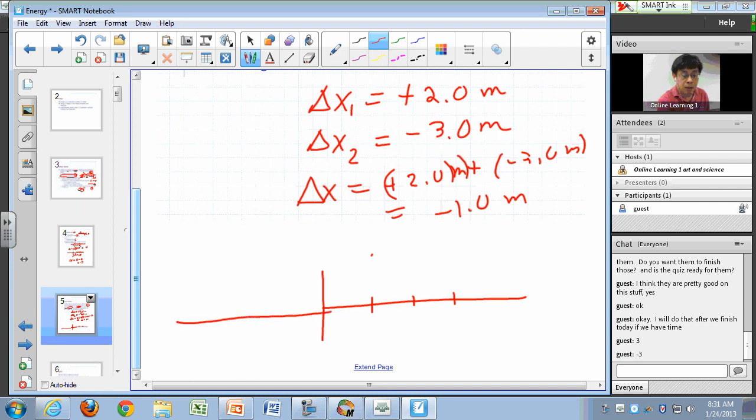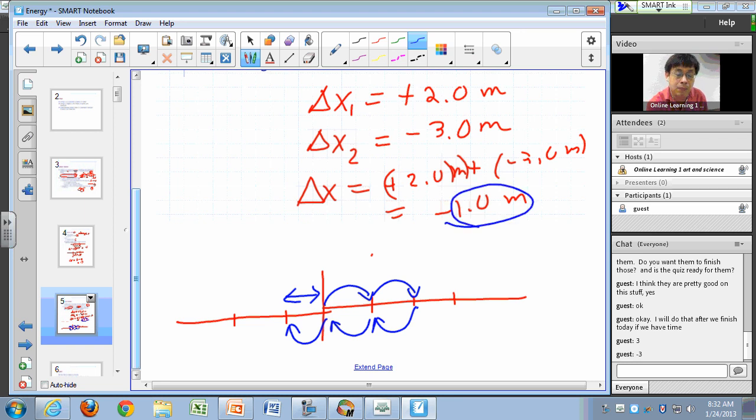You move 2 places to the right, 1, 2, and then you move 3 meters to the left, 1, 2, 3. You end up 1 meter away from where you started, so your displacement is 1 meter from where you started, but it's on the left side, that's why it's negative. So that's how you would interpret those numbers. Okay?